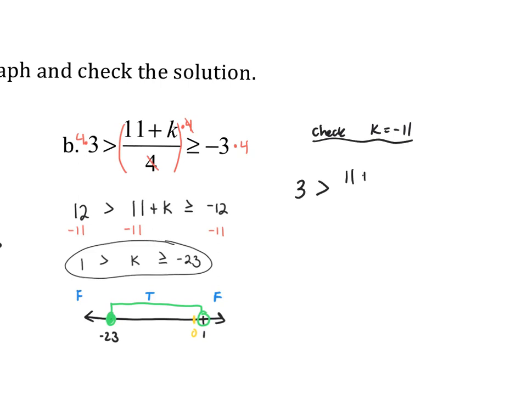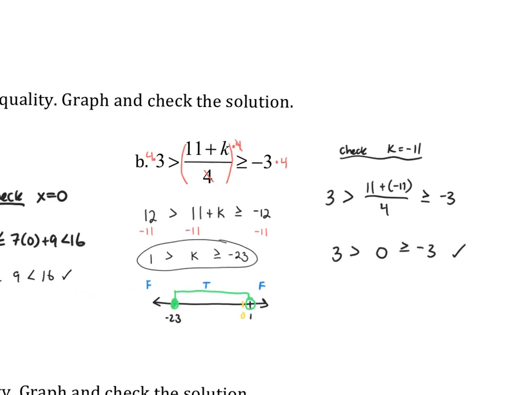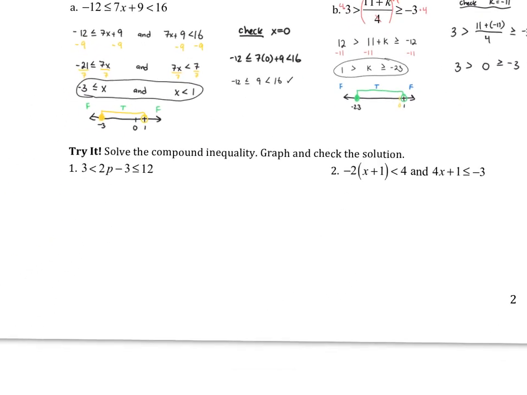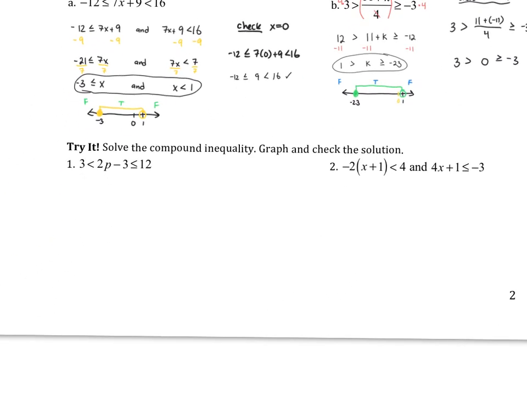So 11 plus negative 11, all divided by 4, is between negative 3 and 3: negative 3 is less than 0, which is less than 3. And there we go. We do see that 0 is between these two numbers. So we got the check and we're satisfied. Now it's your turn. Please practice these ones down below.